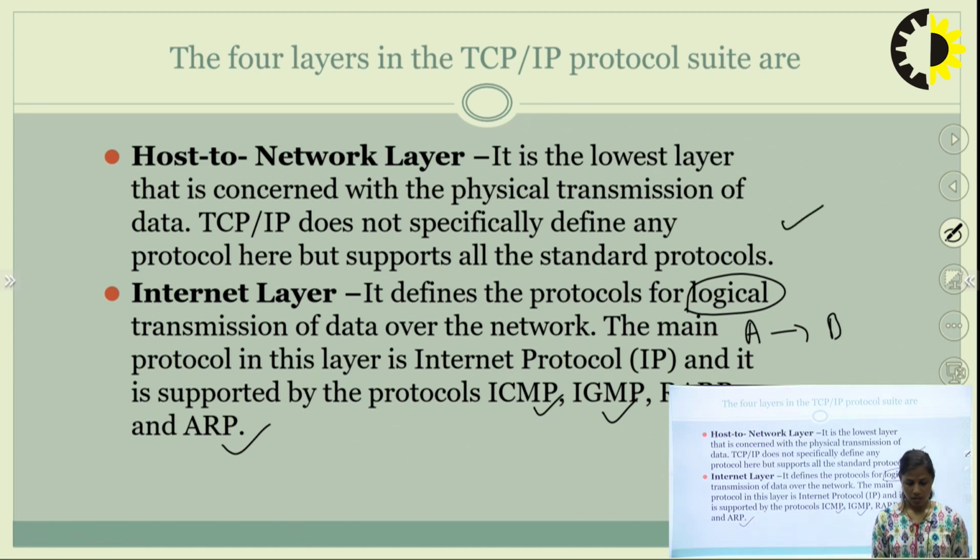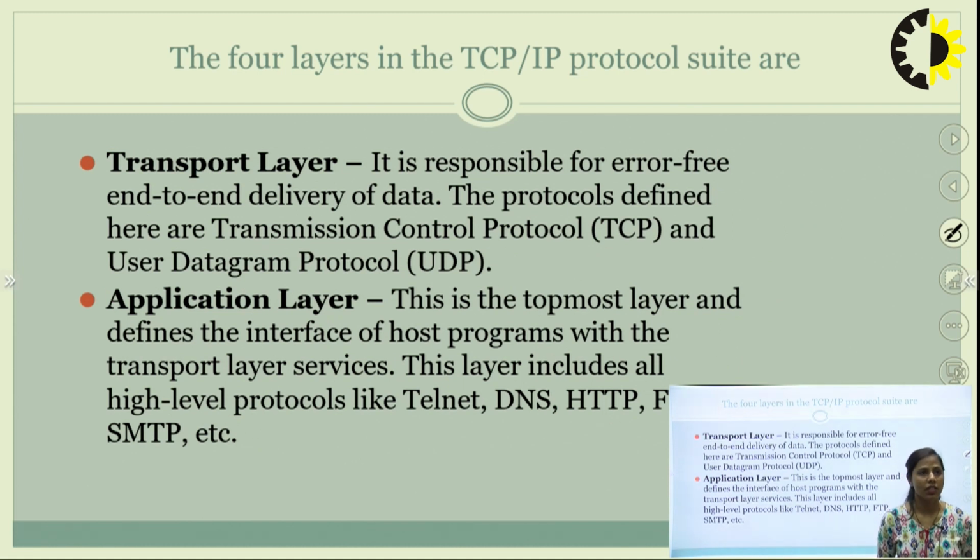Let us discuss what the four layers are. Next one is the transport layer. The transport layer is responsible for error-free data. Whatever information we are transmitting from A to B, that should be error-free, meaning no errors come in between.